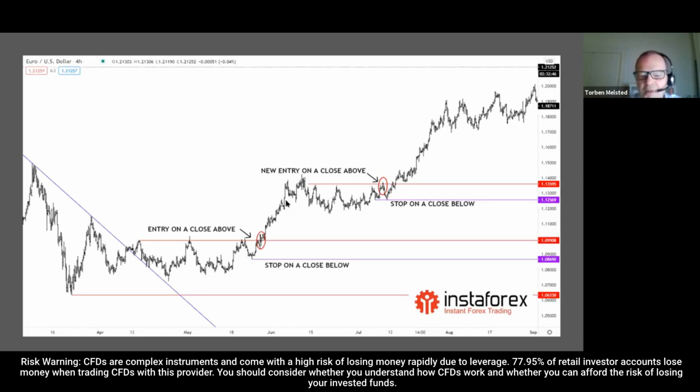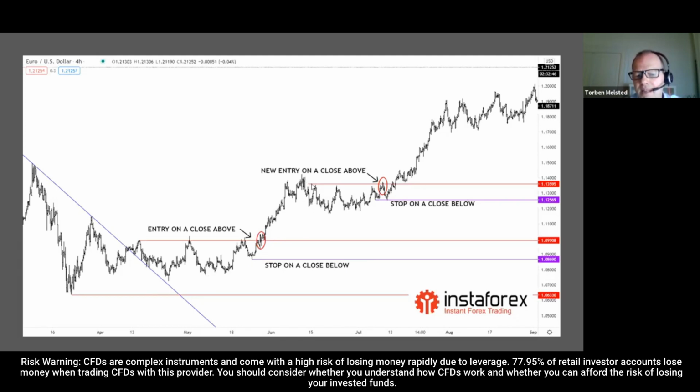Just going from there, it doesn't have to stop there, but it would give you a target, and you can see that we paused a bit higher, and then made actually almost the same consolidation as we did down here from March to mid-May.